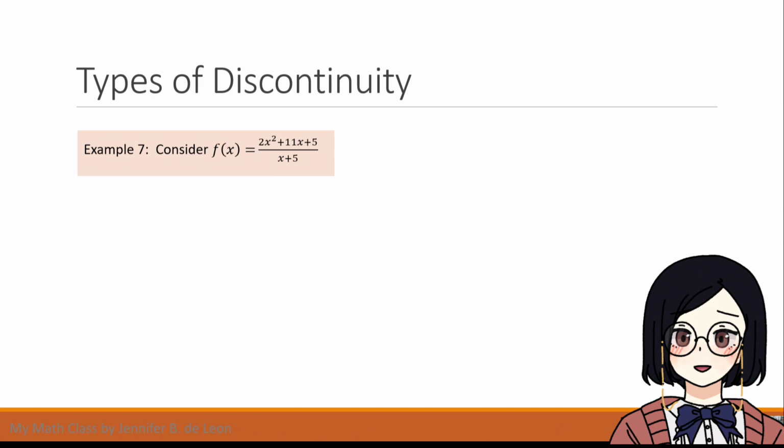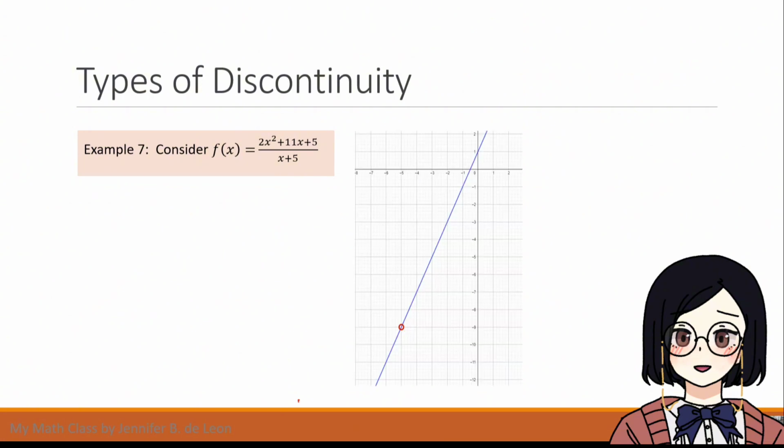This time we determine what kind of discontinuity this function would have. Using the graphical method, you would have this kind of graph in which x equals negative 5 is not allowed because the function will have a denominator of negative 5 there.